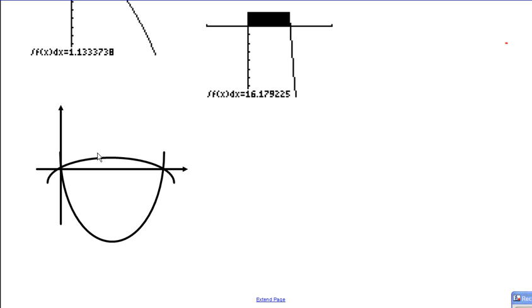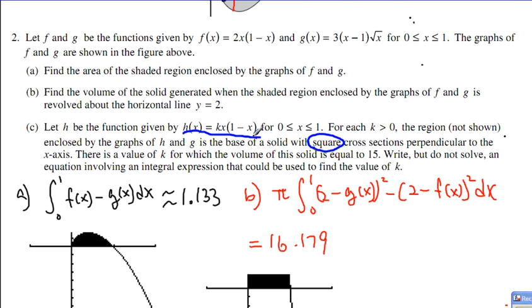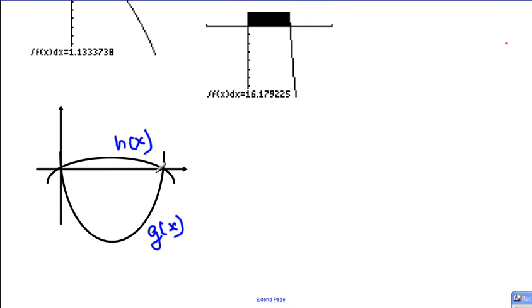Since k is positive, h of x will be on top, and g of x will still be on the bottom. Notice that this one versus this one, they are opposite to each other, isn't it? That means this has a negation concept embedded in it. Therefore, it goes under the x-axis.